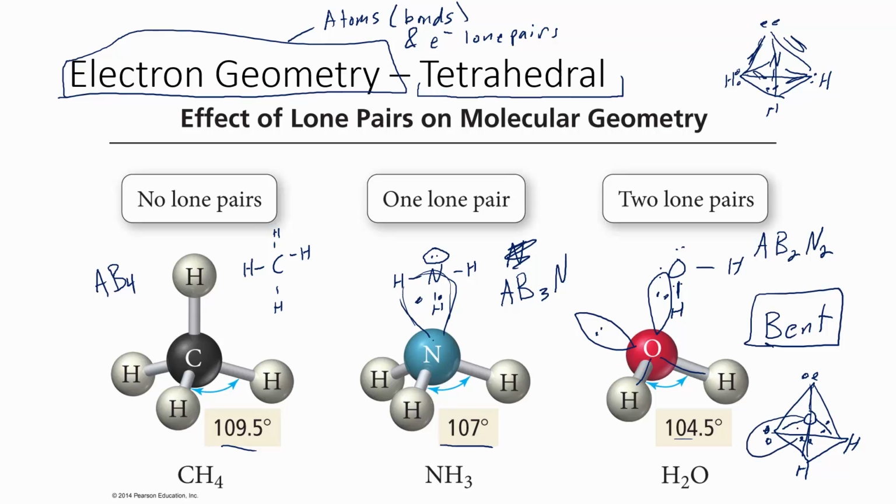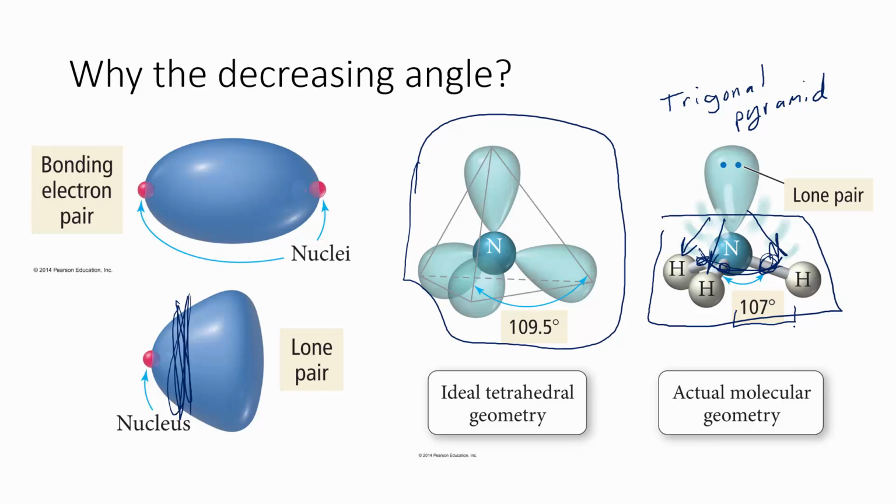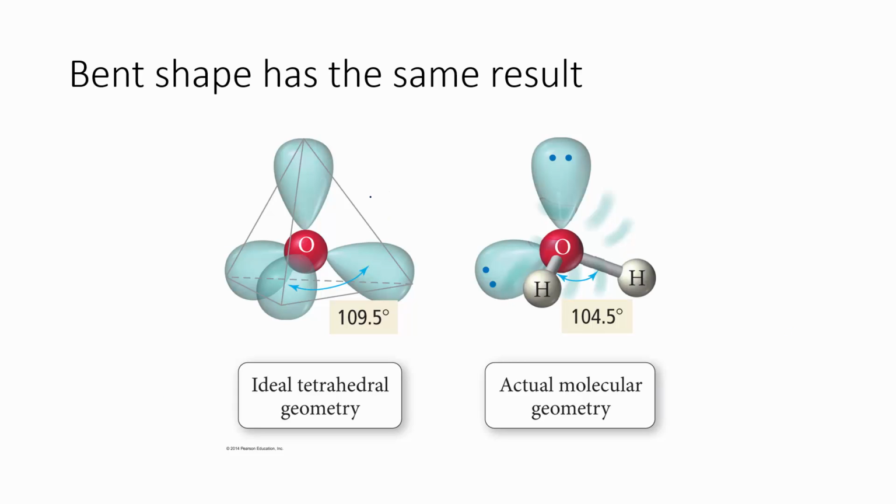So these lone pair electrons in the tetrahedral electron geometry are pushing on those bonds to give us this decreased angle in the molecular geometry. So that's what we're showing here: tetrahedral ideal 109.5, bent shape 104.5.